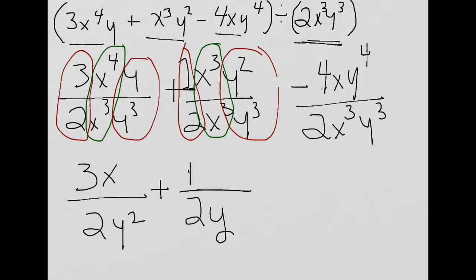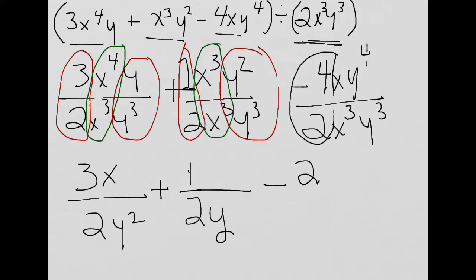So I'm going to look at the 4 and the 2. I have negative 4 divided by 2, which will give us negative 2.